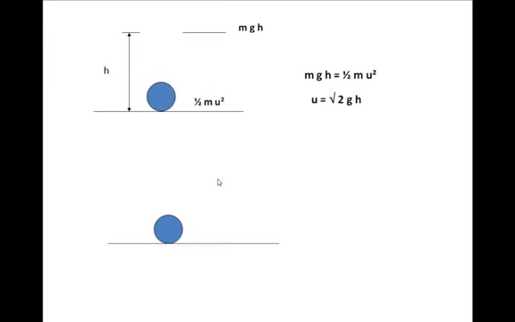A reverse situation, suppose from the ground I send up something with velocity u, then the initial kinetic energy is half m u square. When it reaches height h, this kinetic energy gets converted into potential energy, and equating the two again, you get u is equal to root 2gh.